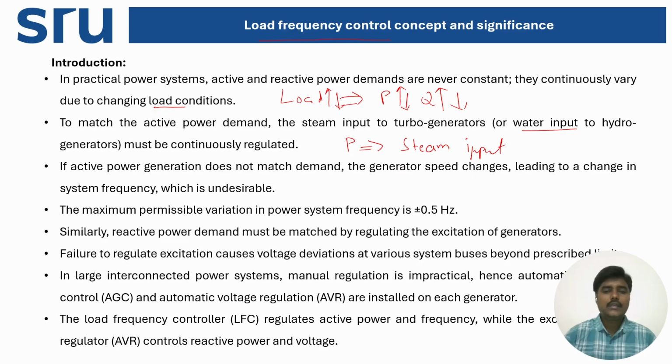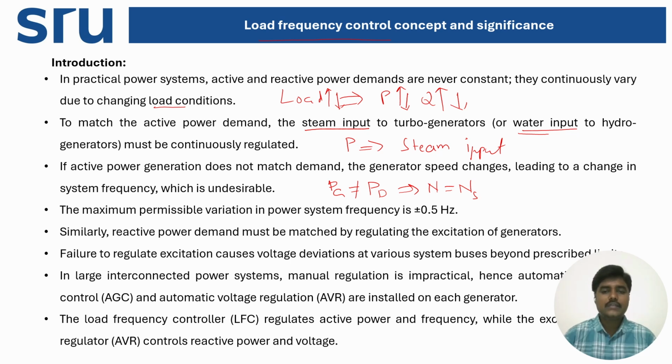As there is a change in the load, we have to continuously change the steam input and also the water input. If active power generation does not match demand, that means if P generation is not equal to power demand, then obviously the speed cannot be maintained at synchronous speed. So the speed will also change.